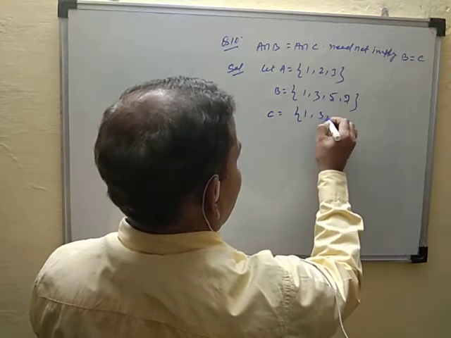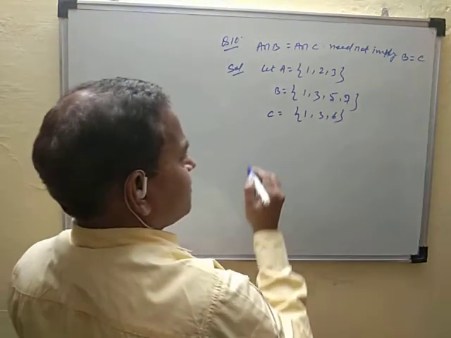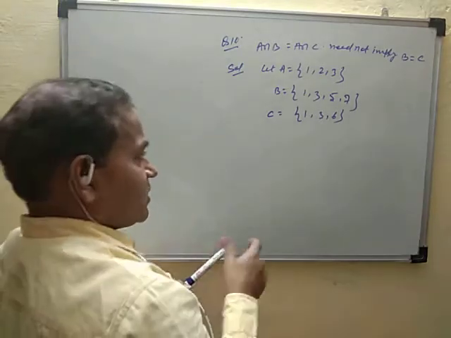Here also 1, 3 and 6 suppose. So A, B, C are three sets.